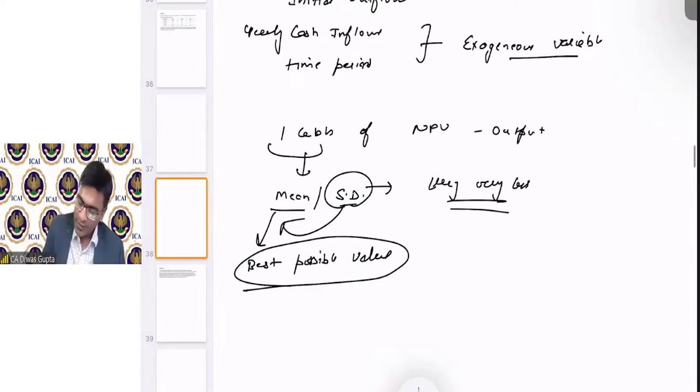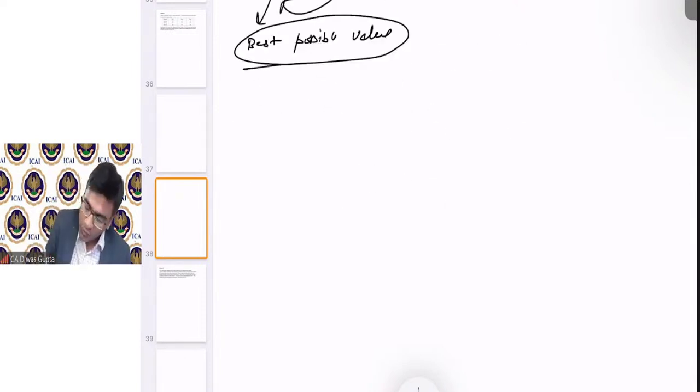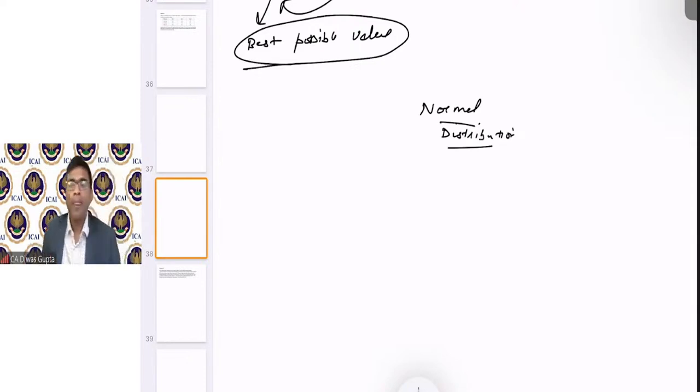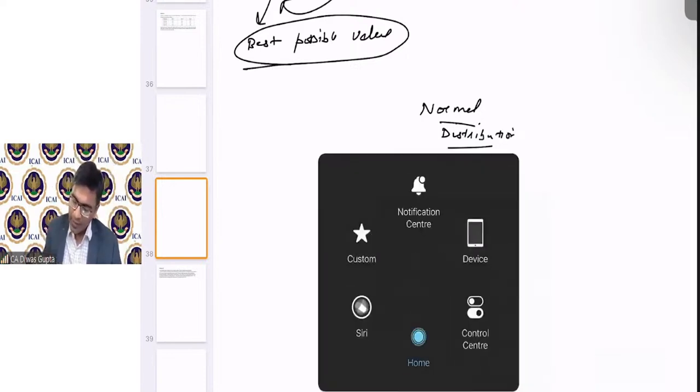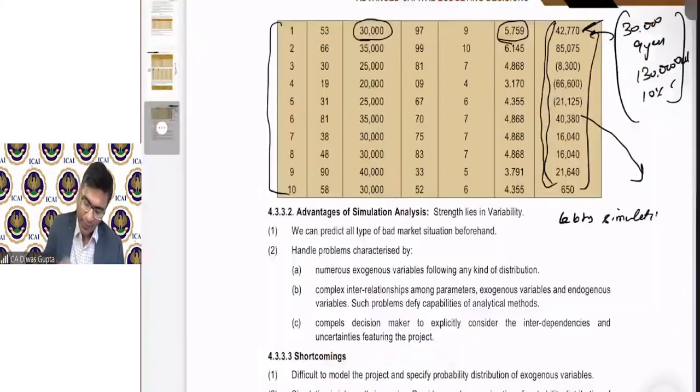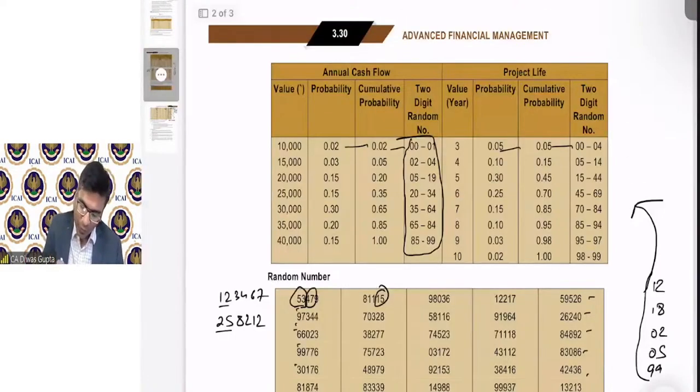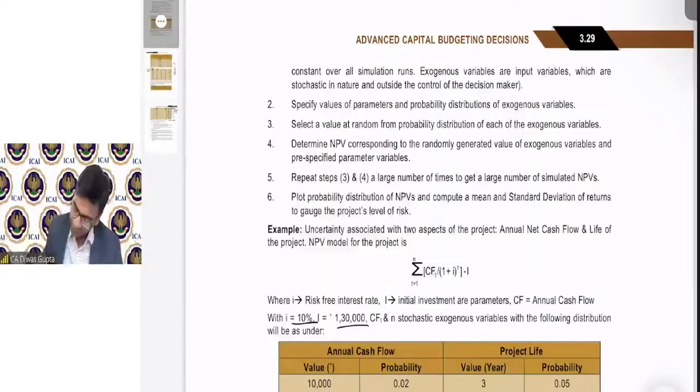Okay, students. Last thing in this, we also use the normal distribution table. I have not touched upon this, but I'll spend another 2 minutes telling you the use of the normal distribution table. Some of you would be thinking about how these probabilities in the initial table have been arrived at.